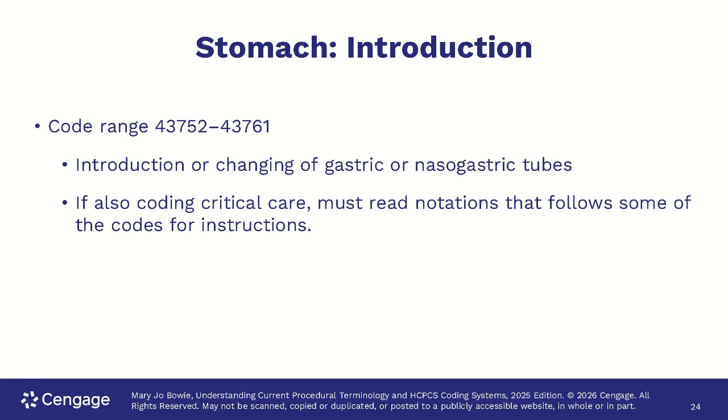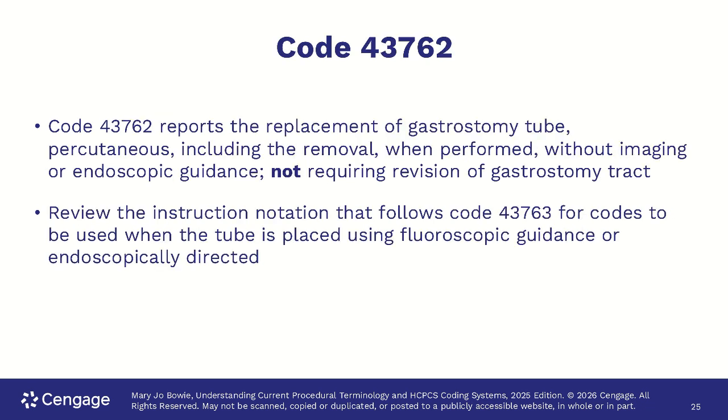All right, stomach introduction here. This is where they are introducing or changing gastric or nasogastric tubes. There are some notes in this area that you definitely want to check out. Code 43762 is a code for replacement of a gastrostomy tube, percutaneous.